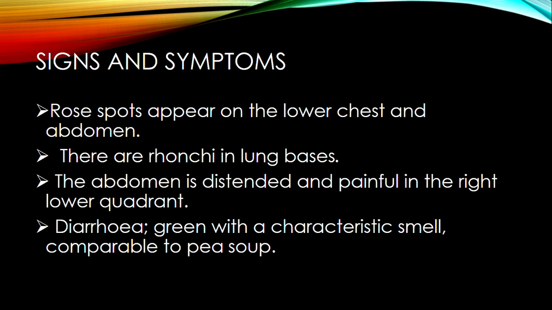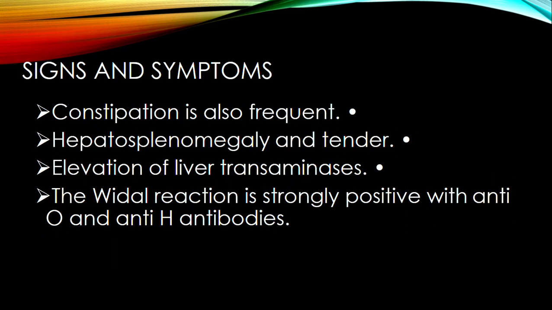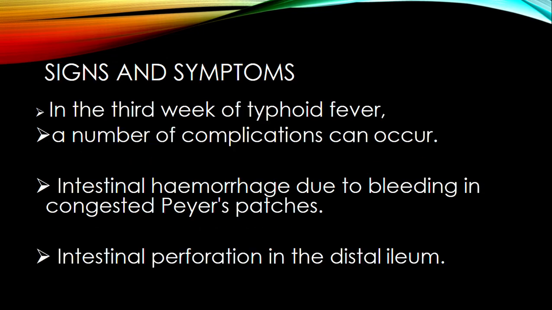On physical examination, you see the patient guarding the lower part of the abdomen because of the pain. Also diarrhea may be present and the stool will look like pea soup. After diarrhea, constipation may come in. Then hepatosplenomegaly may be present and tender. At this stage, the Widal test may come out positive.